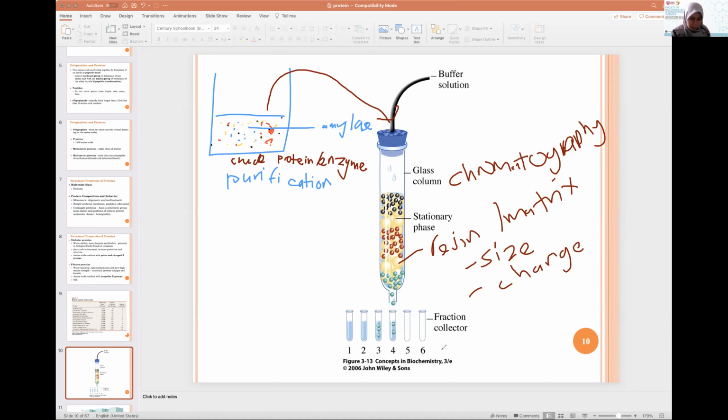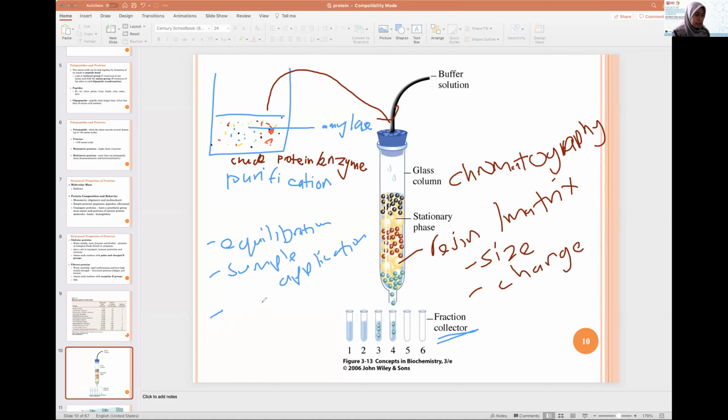At the bottom here, we will have a fraction collector. This part is called the fraction collector. Here, we will put the test tubes. The first step is equilibration. The second step is sample application, when we apply the sample.